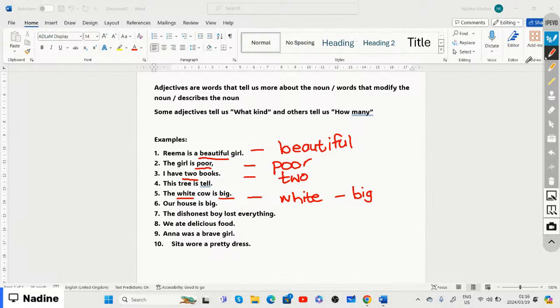So the white cow is big. We have identified white and big as the words that describe the cow, and they tell us what kind of cow it is. It is a white and a big cow.